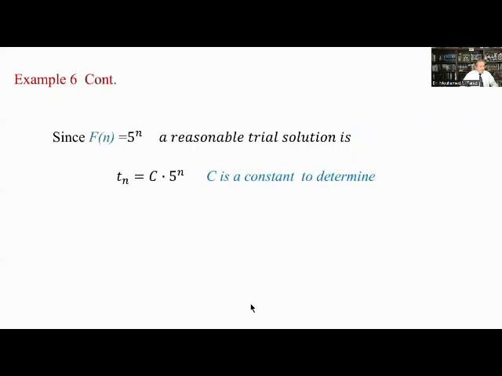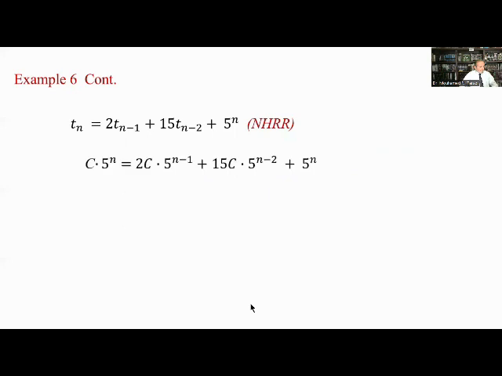So let's try C times 5 to the power n as a particular solution. You substitute. Again, you see here I have to divide by 25, which is 5 squared.